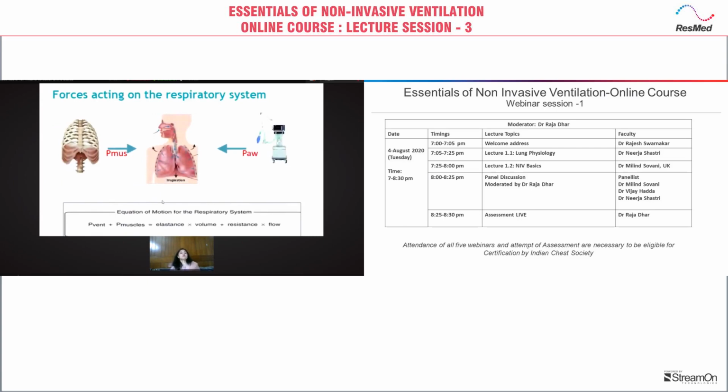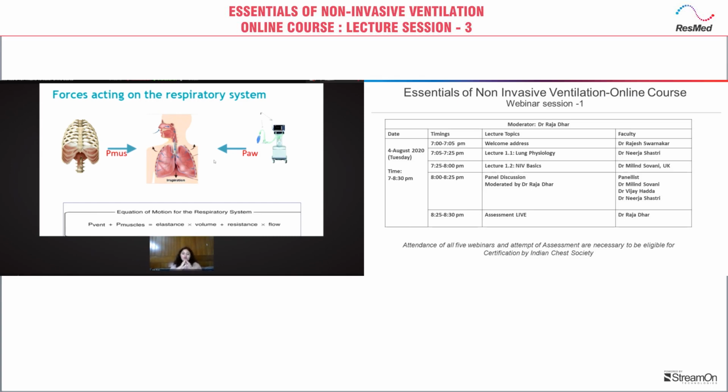Now, coming to the factors affecting the respiratory system when the patient is on NIV. Either the force which the muscles have to produce, or the pressure which is to be provided by the machine. These two forces have to act on the respiratory system to produce a pressure which will counter the elastic force and the resistance.